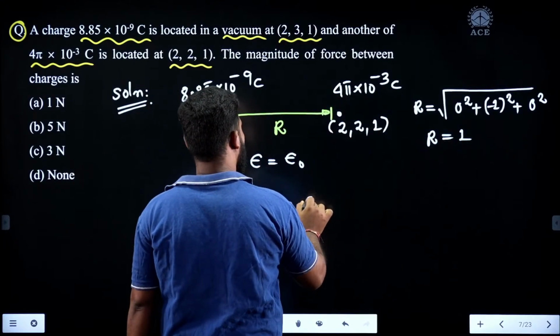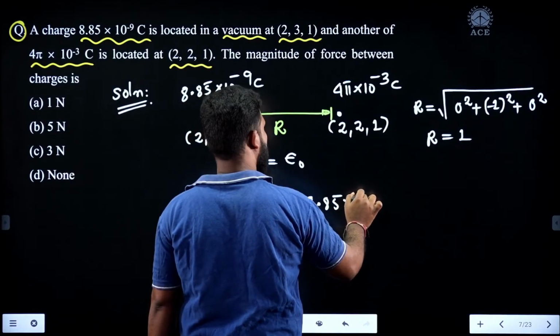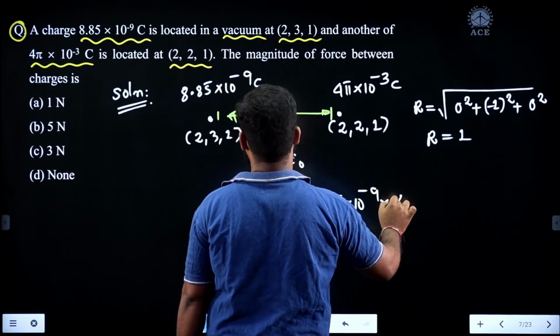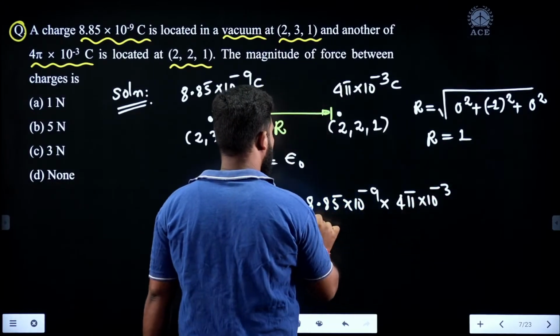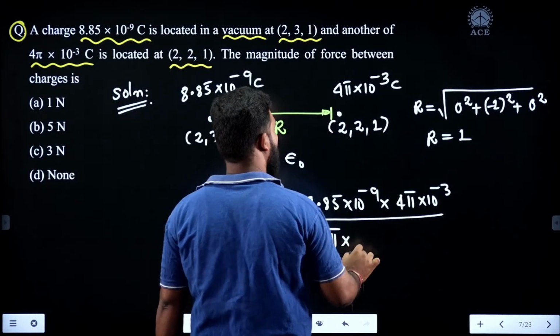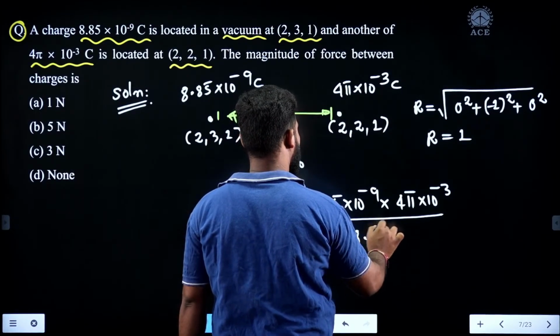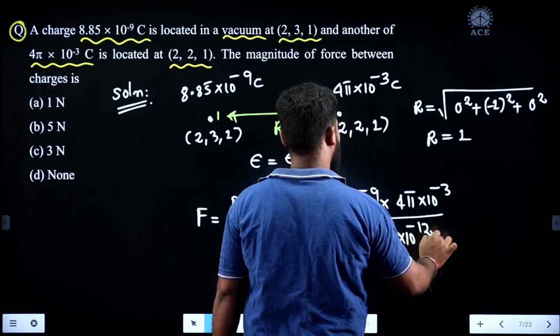Here it is 8.85 into 10 to the power of minus 9, into another charge 4 pi into 10 to the power of minus 3, divided by 4 pi into epsilon naught, 8.854 into 10 to the power of minus 12, into 1.